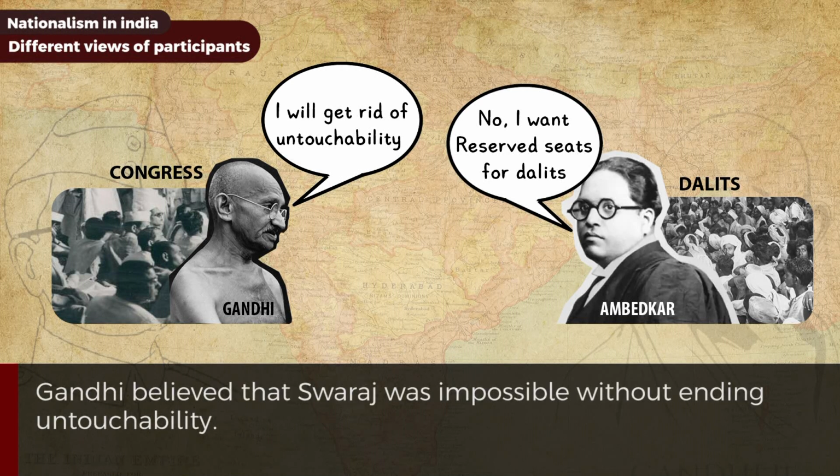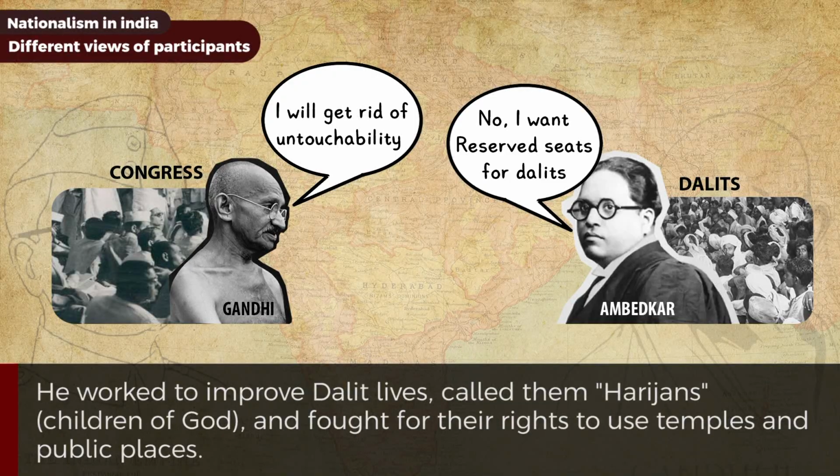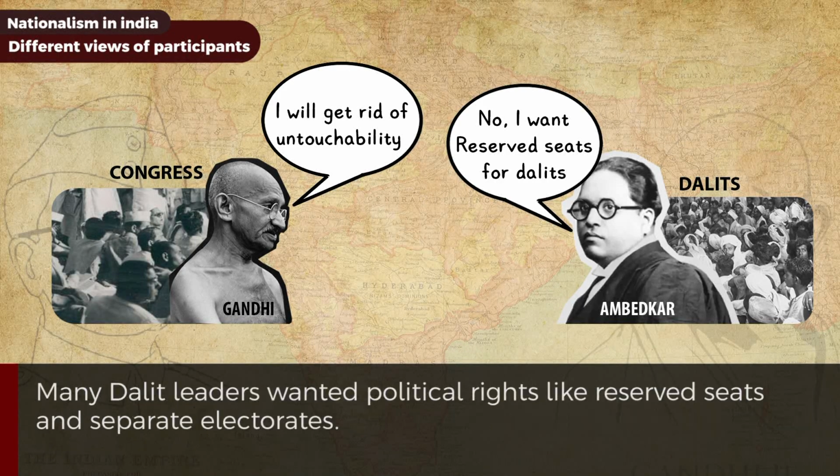Gandhi believed that Swaraj was impossible without ending untouchability. He worked to improve Dalit lives, called them Harijans, meaning children of God, and fought for their rights to use temples and public places. Many Dalit leaders wanted political rights like reserved seats and separate electorates.